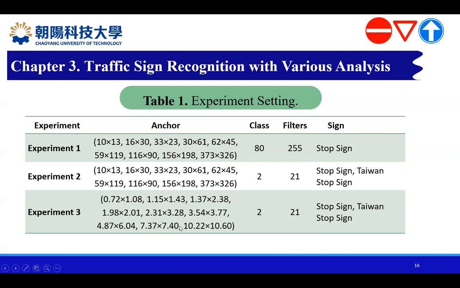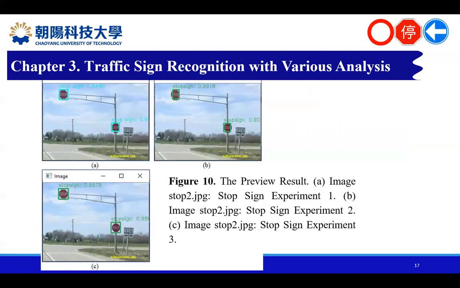In experiment 3, we calculate our anchor based on k-means. And the class is 2, filter is 21, using stop sign and Taiwan stop sign. We generate the anchor calculation based on k-means calculation, so it will produce the new anchor setting. This is the preview result of each experiment: experiment 1, experiment 2, and experiment 3.